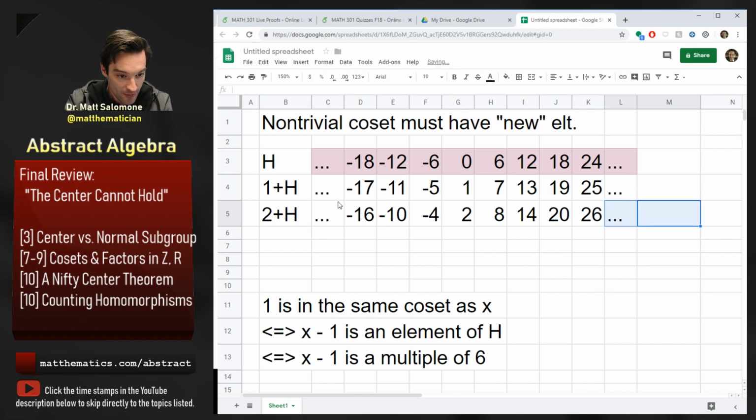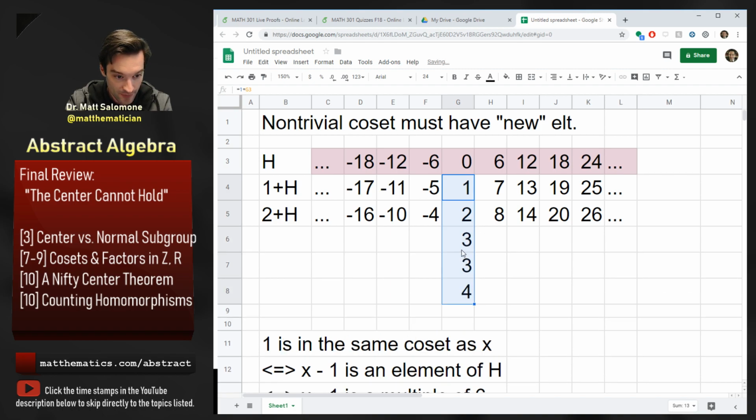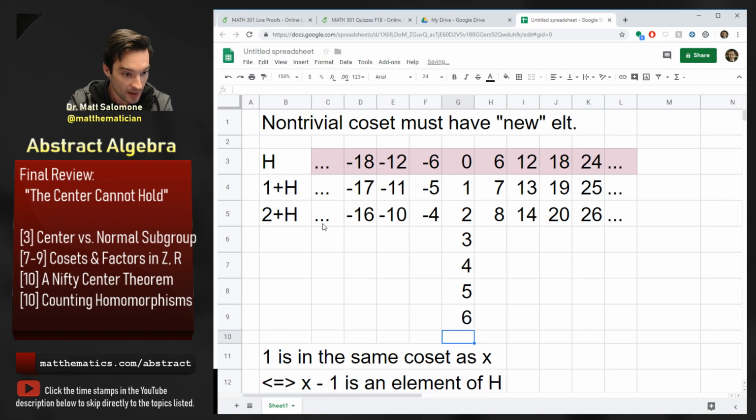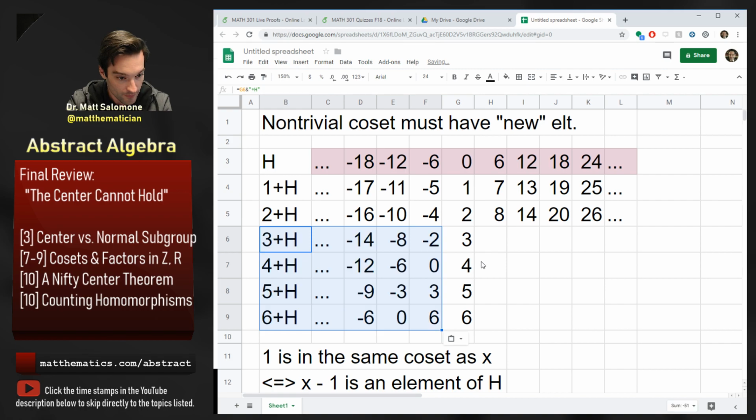And so if you want to continue this pattern, we would go to here, and then we would go to 6. And then I would just take this and copy this down. Copy. Whoops, what just happened? What did I do? Copy and paste. And then I would also want to paste this over here.